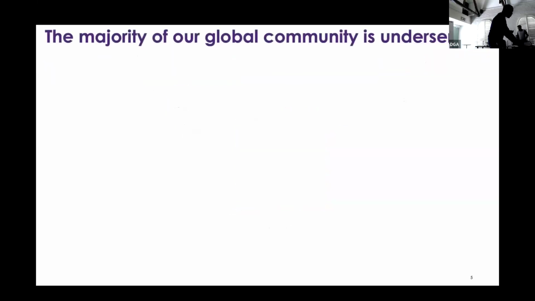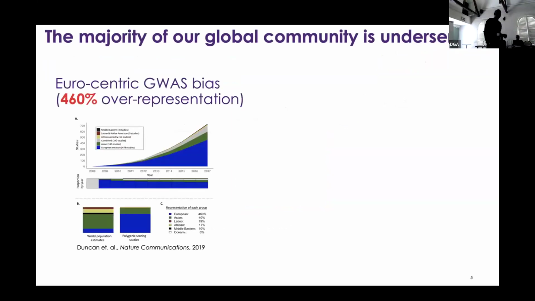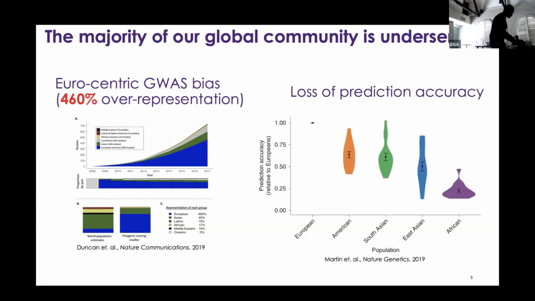So I guess we're all here because we recognize that the majority of our global community has been underserved by genetic studies. This is a statistic from a paper published in 2019, which showed an overrepresentation of European ancestries in current genetic studies, mostly in GWAS. I would like to thank Vivian and Jared, who gave a very nice introduction yesterday, so I don't need to explain that again.